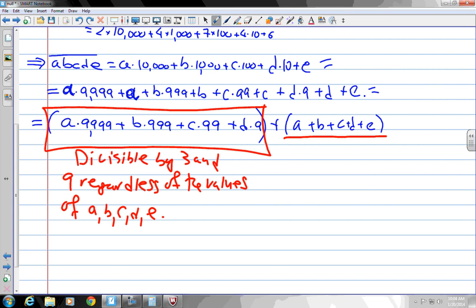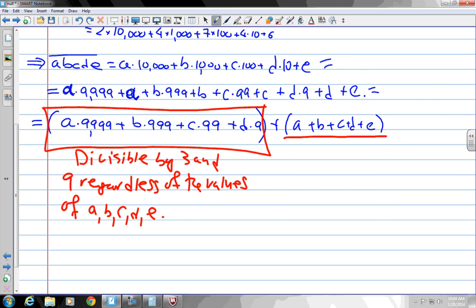If the sum of all digits is divisible by 3, then the whole thing is divisible by 3. And if the sum of all digits is divisible by 9, then the whole thing is divisible by 9. And vice versa. If the whole thing is divisible by 9, then this must be divisible by 9, because the rest is already divisible by 9. And if the whole thing is divisible by 3, then this has to be divisible by 3.